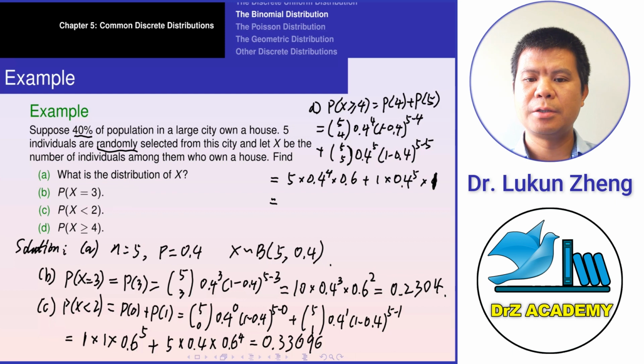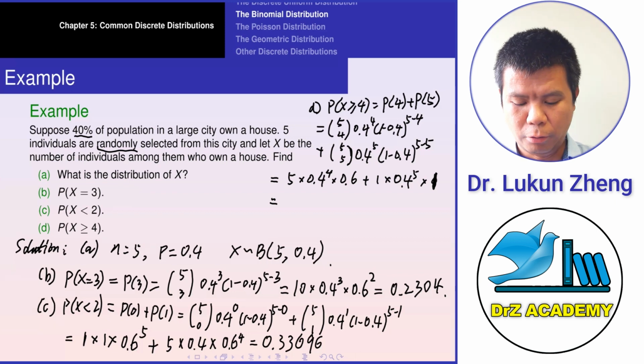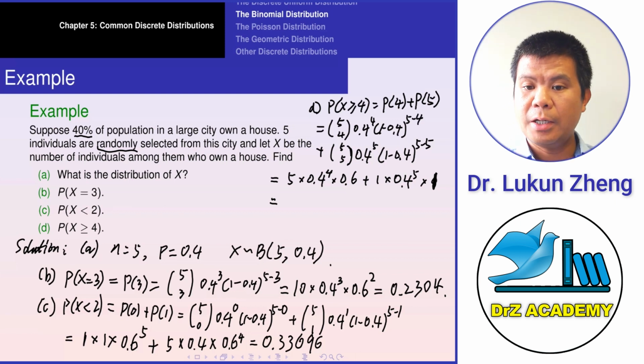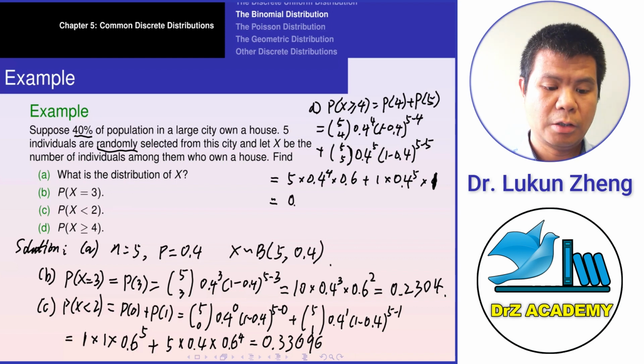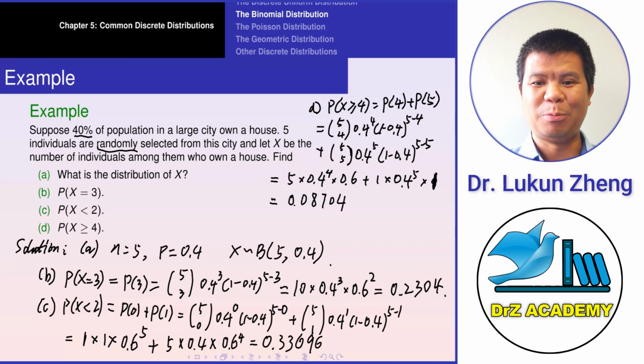So this equals 5 times 0.4 to the power 4 times 0.6, plus 0.4 raised to the power 5. That's going to be 0.0704. So that's what we get for part D.